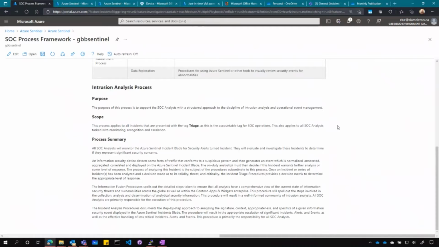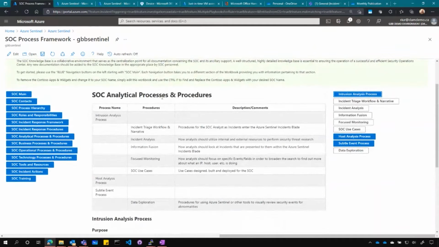This section really calls out the detailed steps from a high-level perspective. It looks at a comprehensive view around current state of information, security threats, vulnerabilities, and gives the analyst the type of things that they need to consider as they're delivering on this section. So that's really what this is. This is that high-level portion as you step into this section of the workbook.